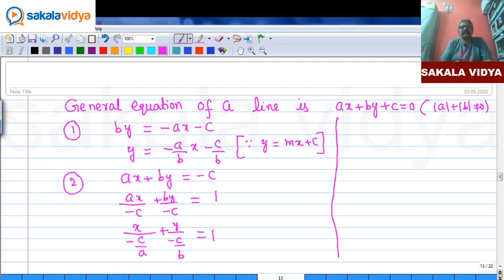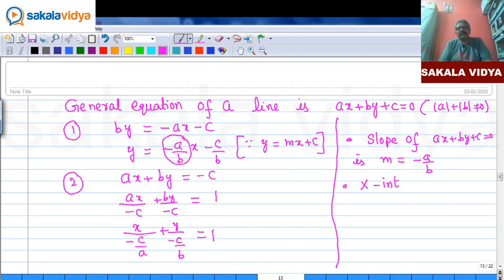So, the important point: the slope of ax plus by plus c is equal to 0 is m is equal to minus a by b. Now, the x intercept is minus c by a, and the y intercept is minus c by b.